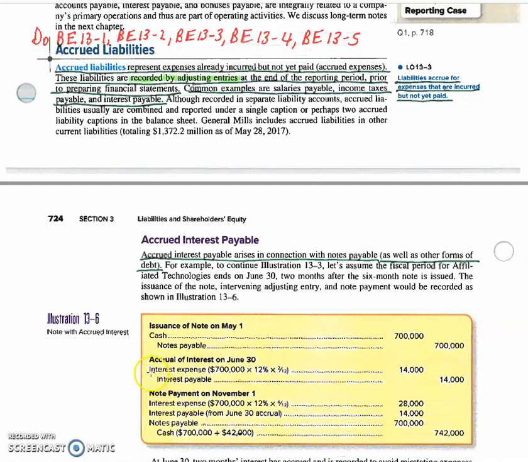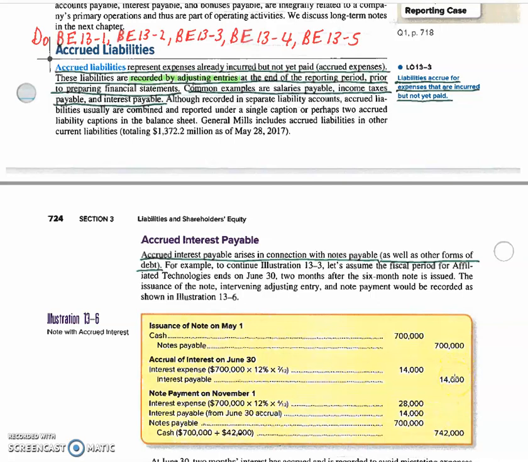If it were utilities, it would be debit utilities expense, credit utilities payable. Then whenever we pay this, we always need to remember to remove this payable. So later when they pay the interest, you're going to debit interest payable for the $14,000 that was accrued right here.